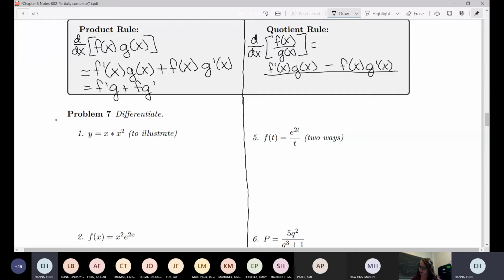But then we divide by that bottom function all squared. Not the second derivative squared, just regular old taking it and squaring it. So I'll hold on for like 5 seconds so y'all can get that down.